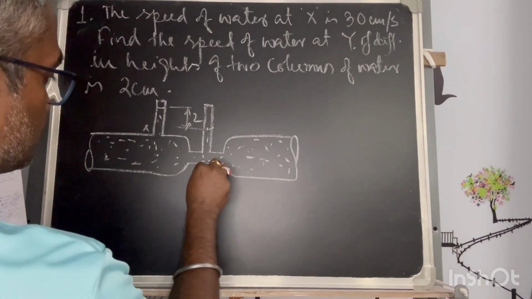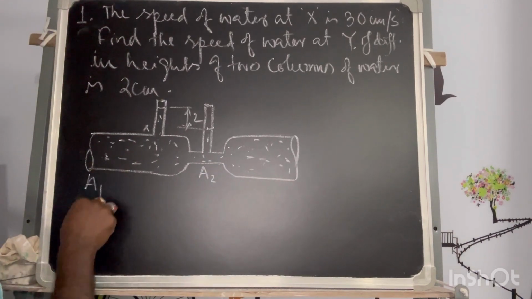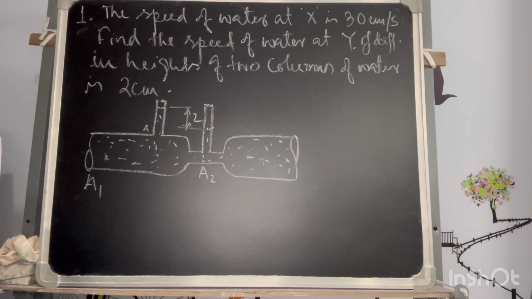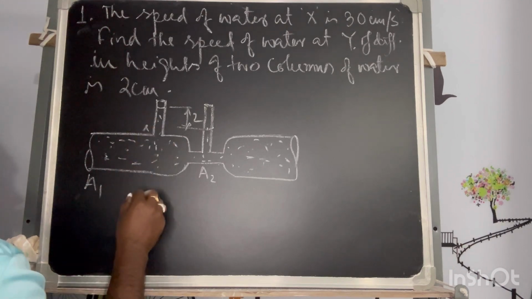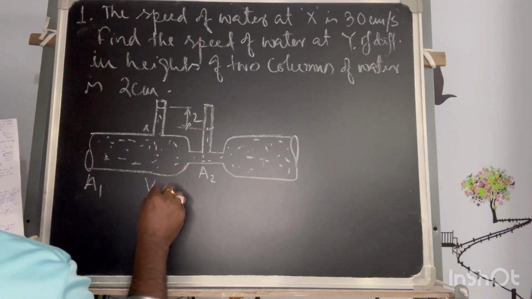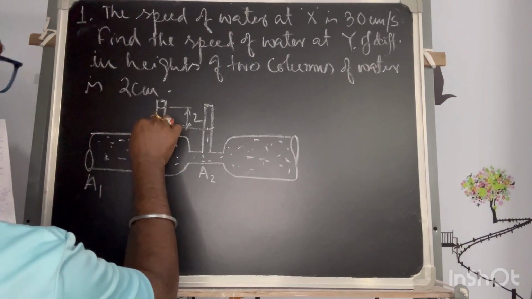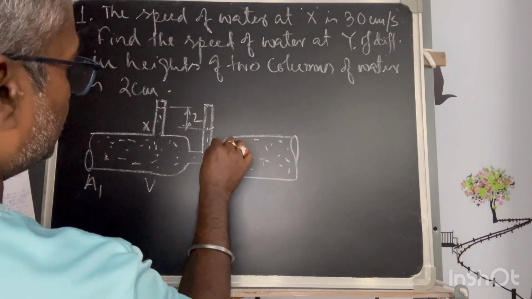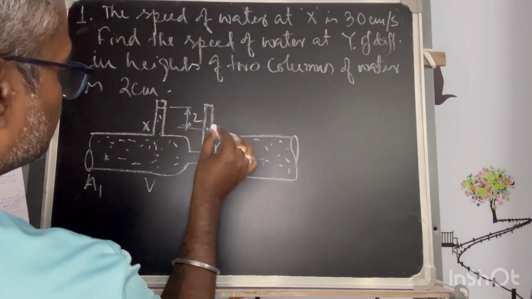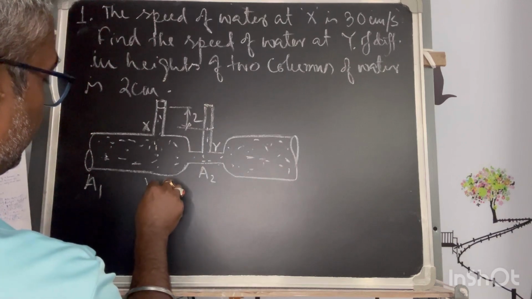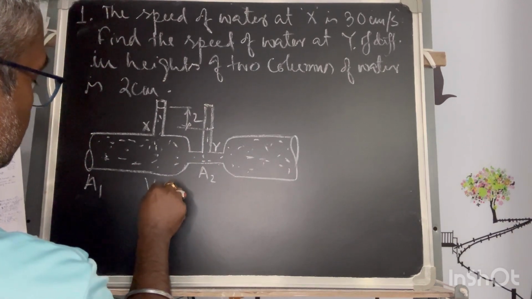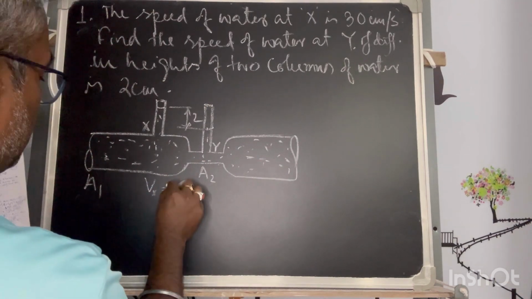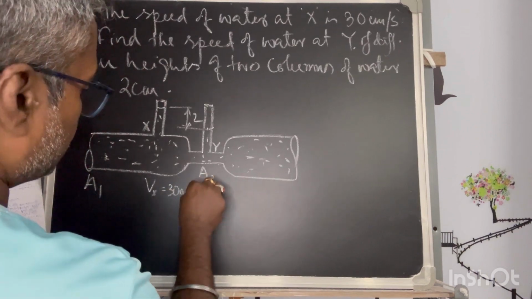Cross section here is A2, this is A1. The velocity at X, this is X and this is point Y, so Vx is equal to 30 centimeter per second.